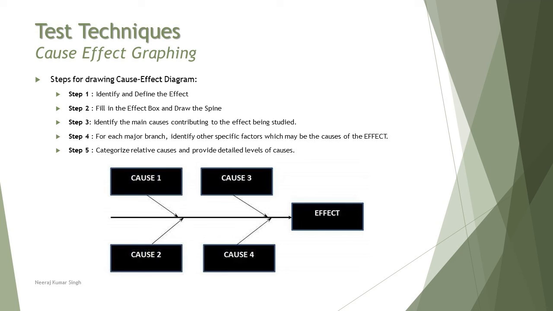Step 3, identify the main causes contributing to the effect being studied. Step 4, for each major branch, identify other specific factors which may be causes of the effect. And step 5, categorize related causes and provide a detailed level of causes. That basically goes into the summarization of the analysis, which would be the outcome of this cause-effect diagram.